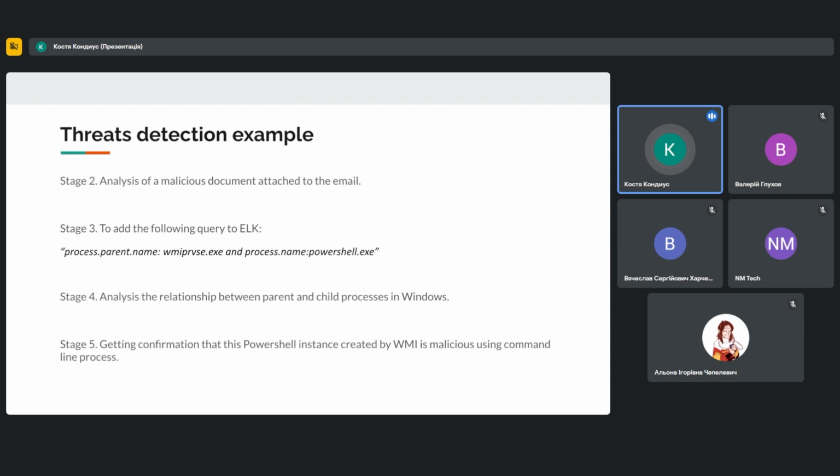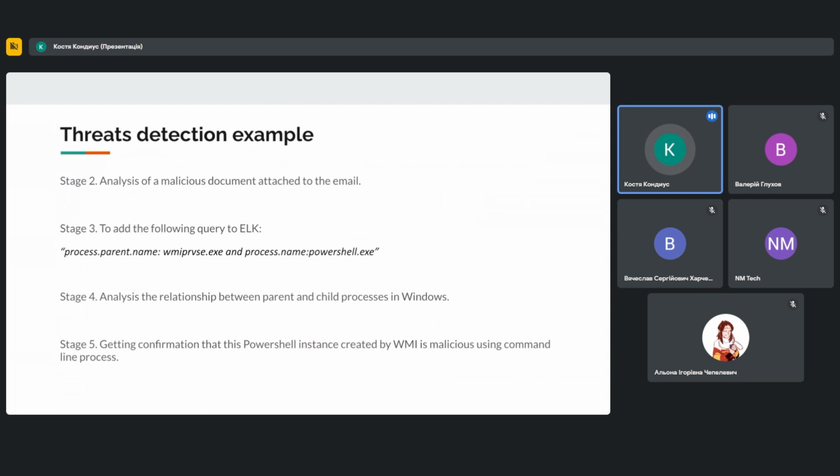Stage 2, the next analysis revealed a malicious document that the user had opened through email. After the user accepted the security warning, the document executed a malicious macro that made a Windows call to create an instance of PowerShell.